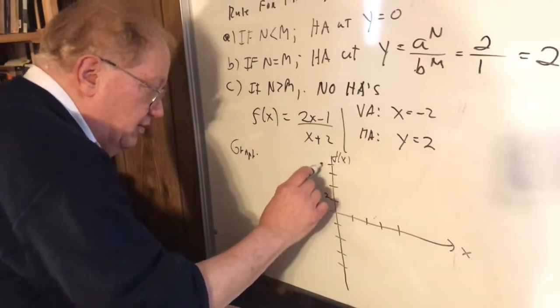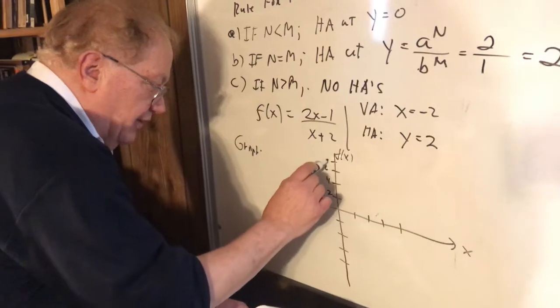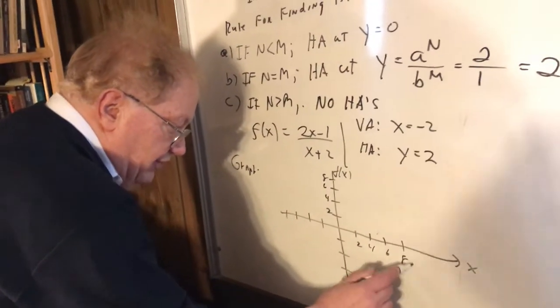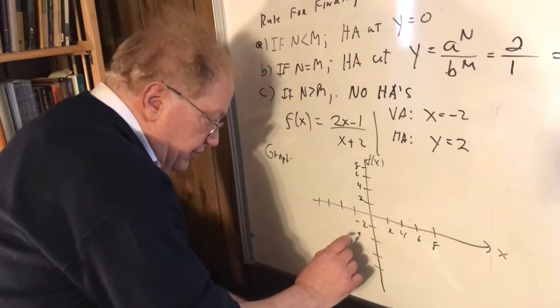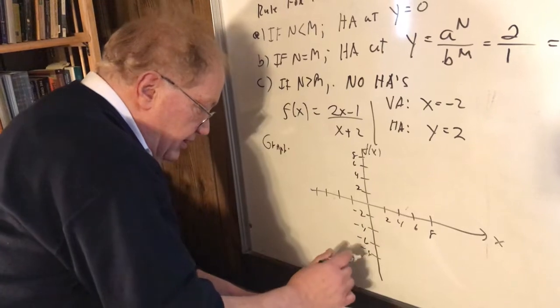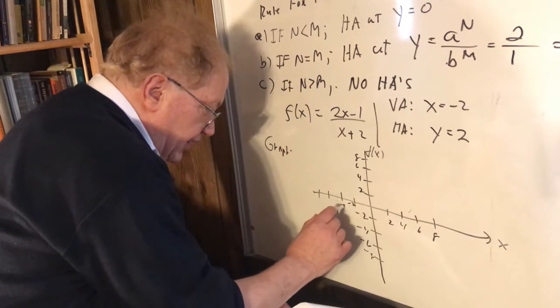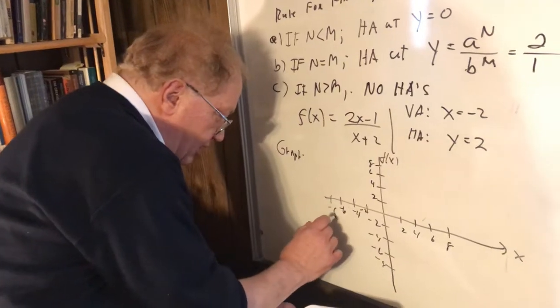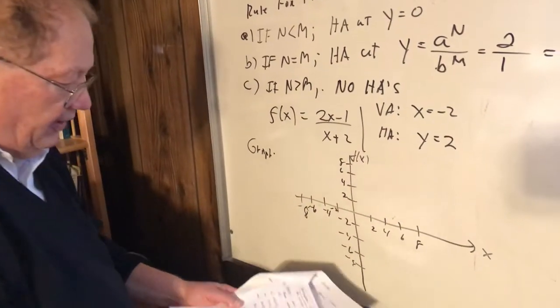So we're going to 2, 4, 6, 8. Minus 2, minus 4, minus 6, minus 8. And minus 2, minus 4, minus 6. This is a little sloppy here. I don't have a lot of space here.